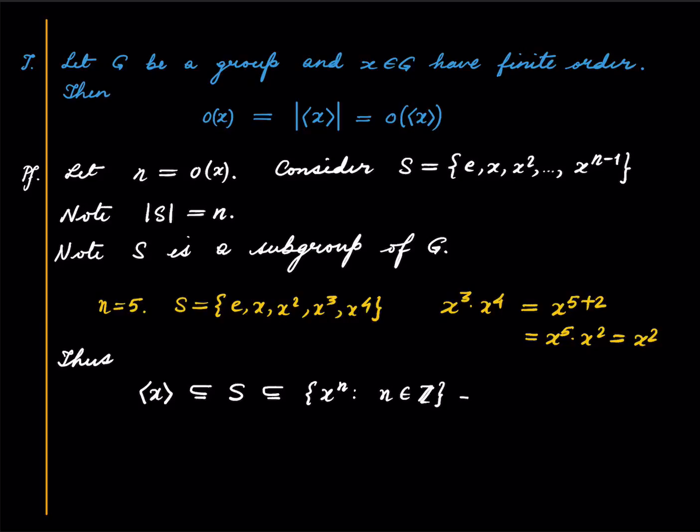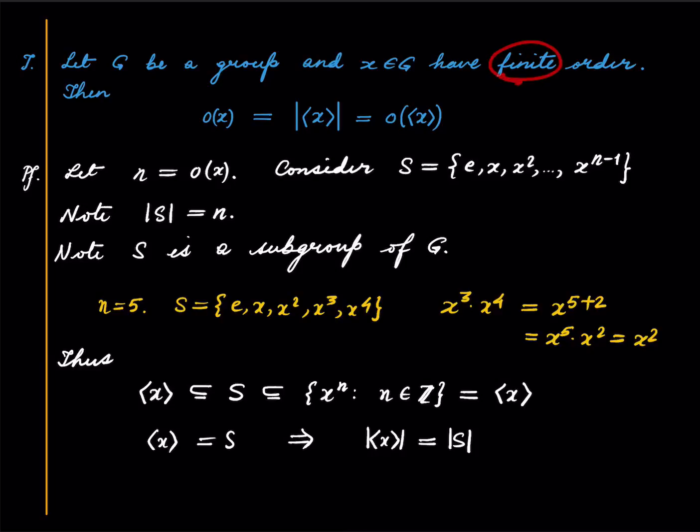And lastly, this set is actually the subgroup generated by x, which we discussed in the recall. So because of the sandwich, we have that this is equal to S, which implies the cardinality of the subgroup generated by x is the cardinality of S, which is n. Well, that's what we wanted. So that's a nice proposition.